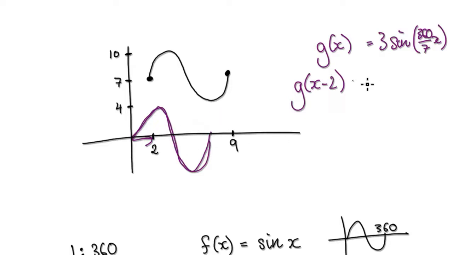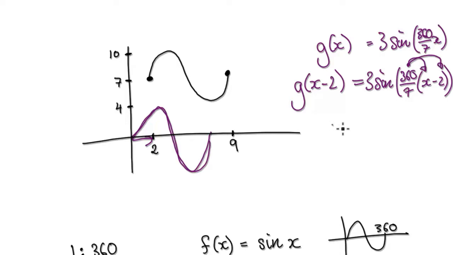So now we would put this into here. That would then give us 3 sine of 360 over 7 times the bracket x minus 2. Let me tidy this up by multiplying this out.